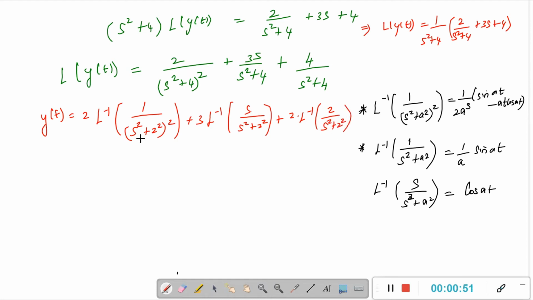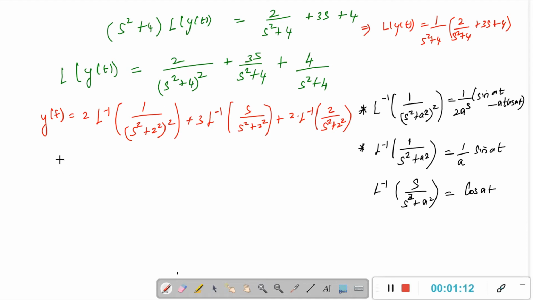So now try to apply this formula. Before that, in the first term try to identify what a is. So a is nothing but 2. If you apply a equal to 2 in this expression, you get the result for the L inverse of this function.